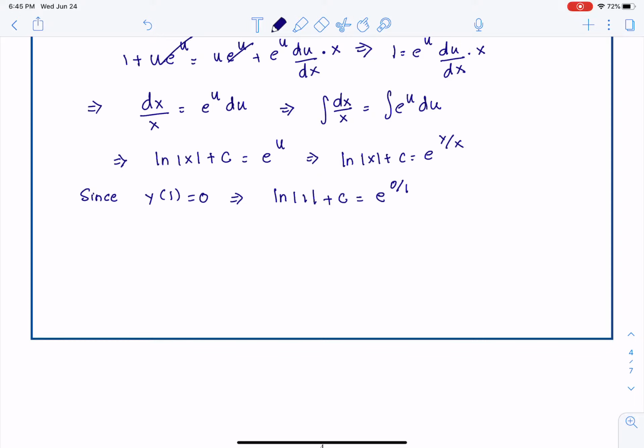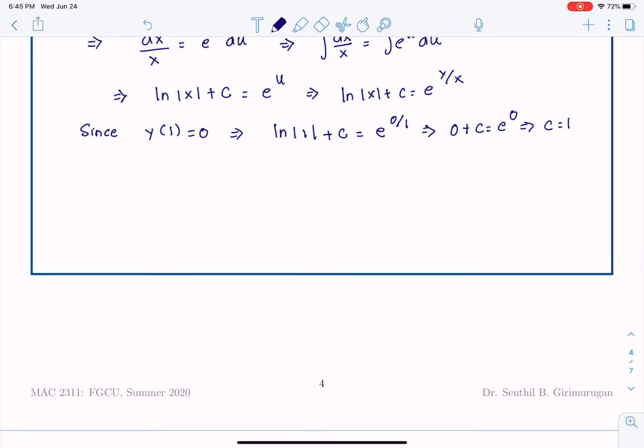So ln of 1 is 0. So 0 plus c equals e raised 0, which is 1. So the value of the constant is 1. Therefore, the solution is ln of x plus 1 equals e raised y over x.